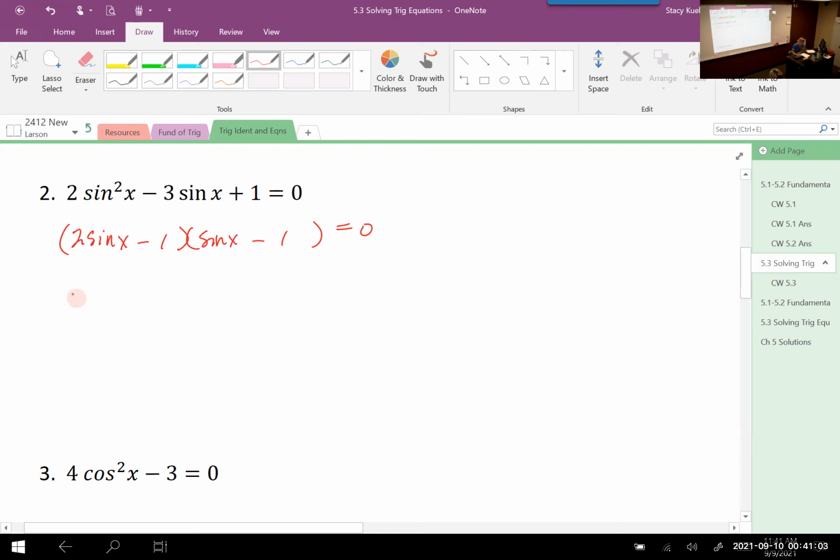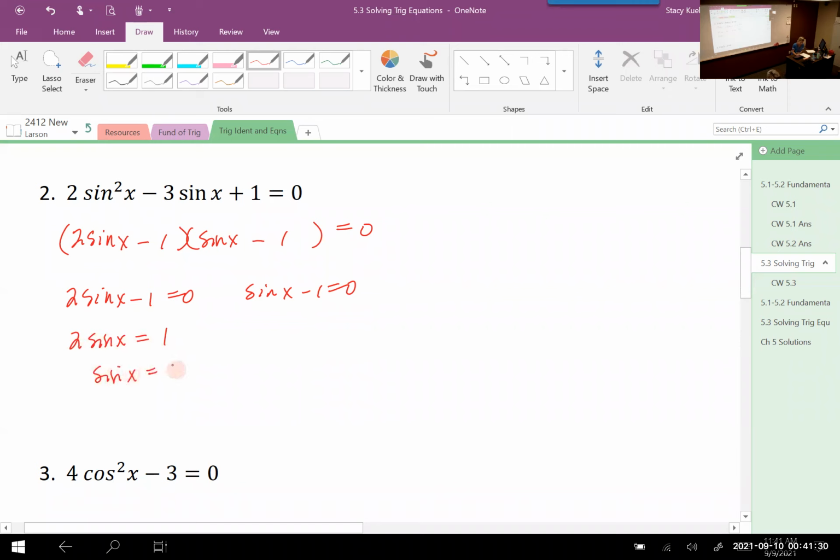So I end up with two simple equations. I would have 2 sine x minus 1 equals 0, and sine x minus 1 is equal to 0. Starting with the left equation, I would add 1 to the right-hand side, and I would get 2 sine x is equal to 1.